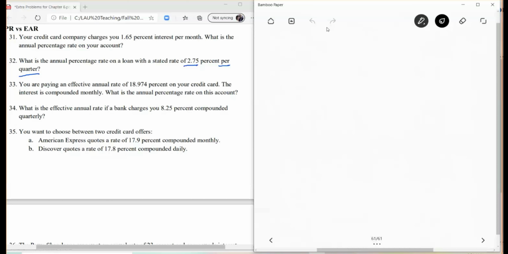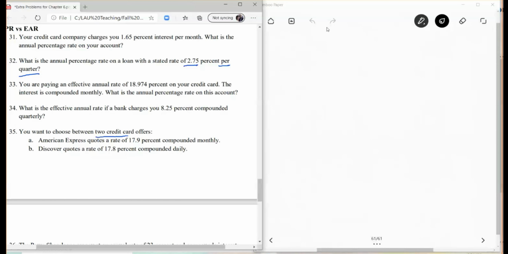So here you want to choose between two credit card offers. So with the credit card, you are paying interest. So it's a loan. So you need, in this case, to choose the credit card that has the lowest effective annual rate.